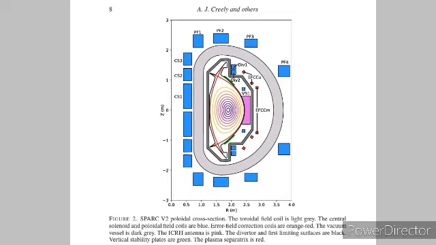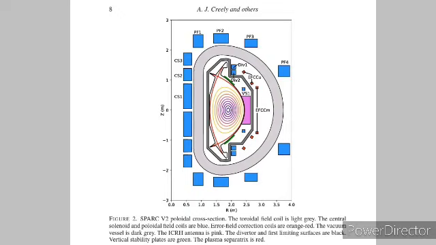The machine parameters of the SPARC tokamak are given in Table 1, with a major radius of 1.85 meters and an inverse aspect ratio of 0.31. SPARC is similar in size and aspect ratio to many present-day medium-size tokamaks such as DIII-D, ASDEX Upgrade, EAST, and KSTAR.